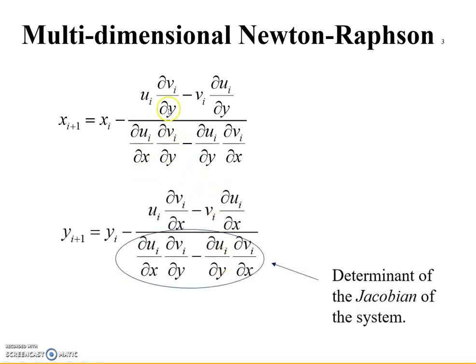This is the determinant, and on the top we have the other terms. It is not very easy to remember, so it's better to have these equations handy when solving the question.